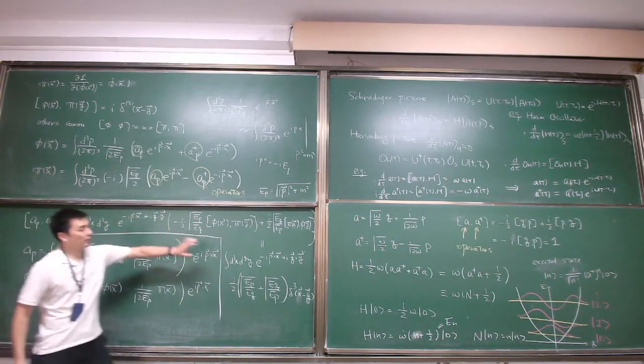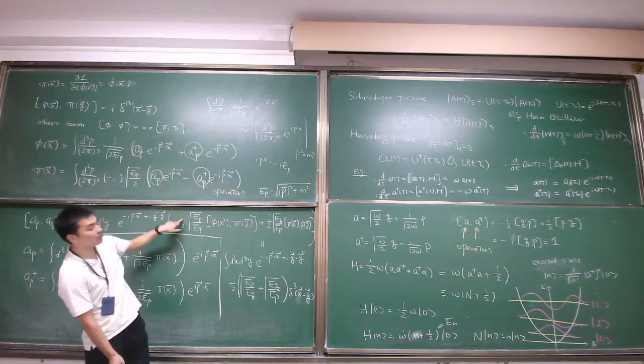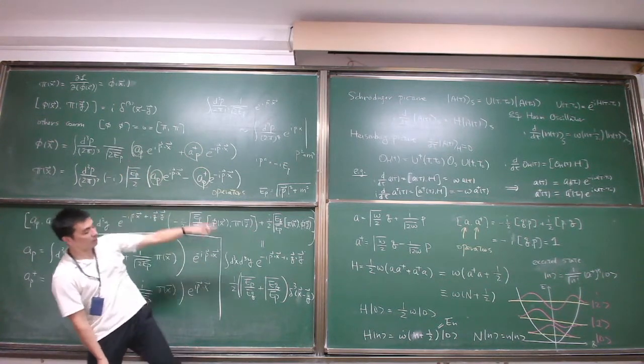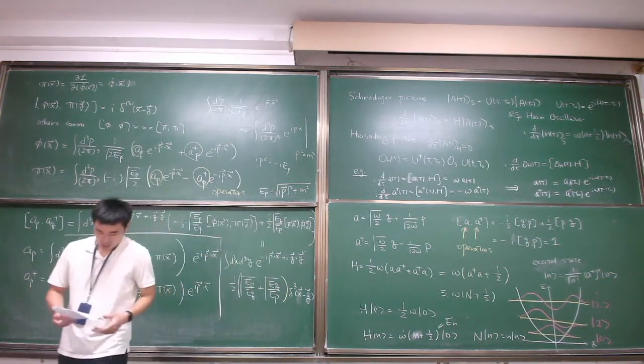This part stays as it is, and we just impose the canonical commutation relation. Essentially I pick up this i and introduce the delta function, and you have to be careful about this sign. That's it.